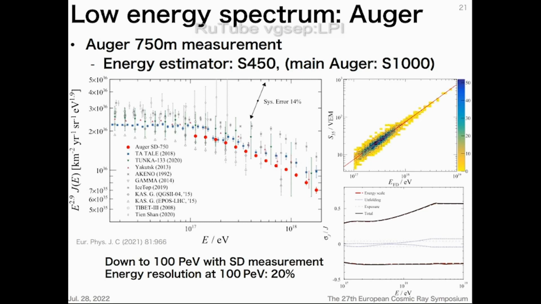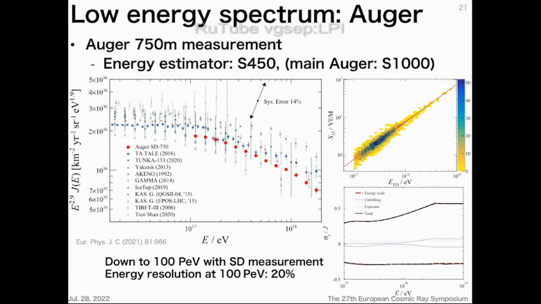Firstly, I review the OJ measurement. This is based on the OJ 750 meter surface detector measurement. In this measurement, they use S450 meter as the energy estimator. The main OJ SD uses S1000, but in this inferior SD array case, they use the 450 meter.